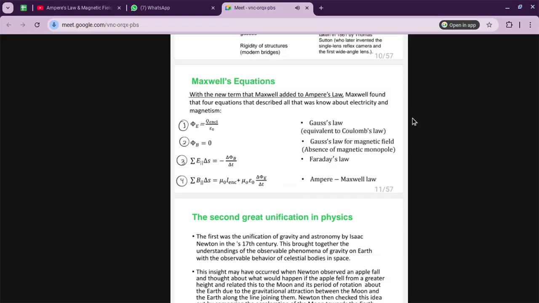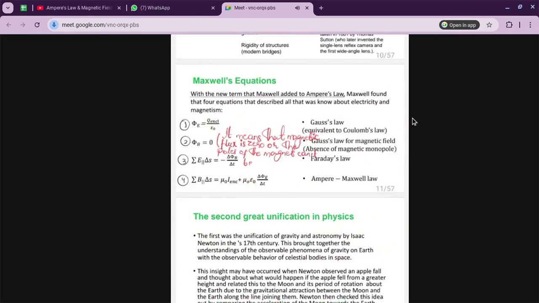Now, what does it mean by that? It means that magnetic flux is 0, or the poles of the magnet can't be separated.